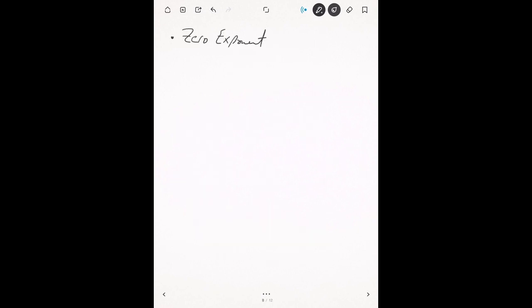Now there are two more properties I want us to talk about, and these include the zero exponent and negative exponents. The zero exponent says, if you pick b to be some real number, and b is not 0, so you pick some real number other than 0, then b to the 0 is 1.